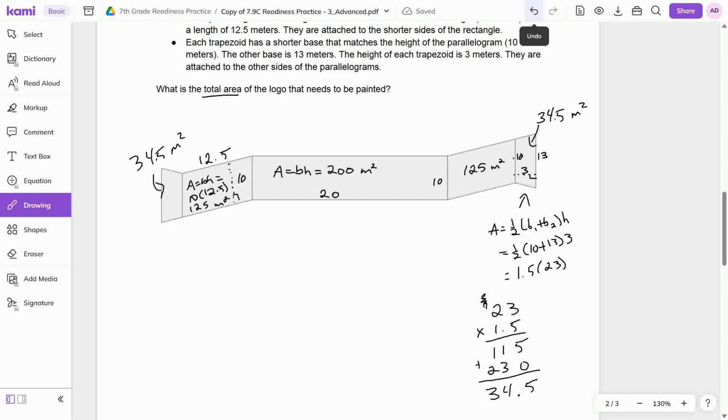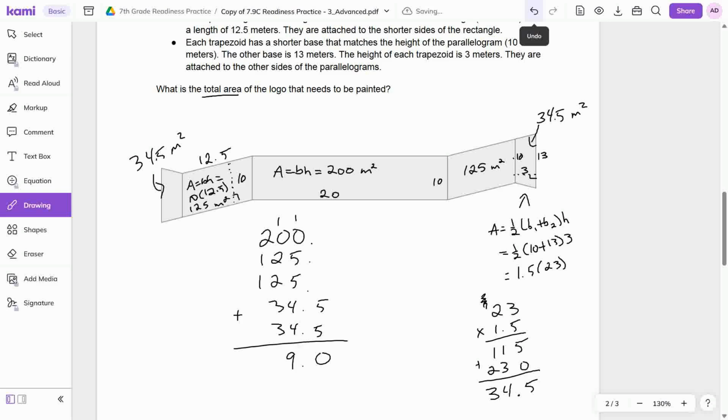Let's add them up. I do have some decimals, so I'm going to put a decimal there. 200, 125, 125, 34.5, and 34.5. So that's going to get rid of that decimal there. So 5 and 5 is 10, and then I've got 19.